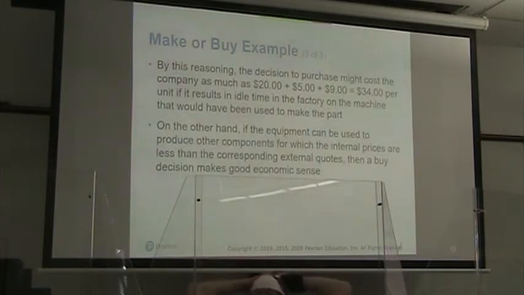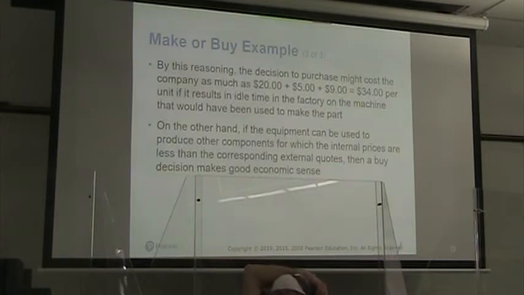Okay, so when we think about the make or buy decision, we have to make sure that we are properly accounting for all the costs that go into that. Now, why would that buy decision be a good economic decision?